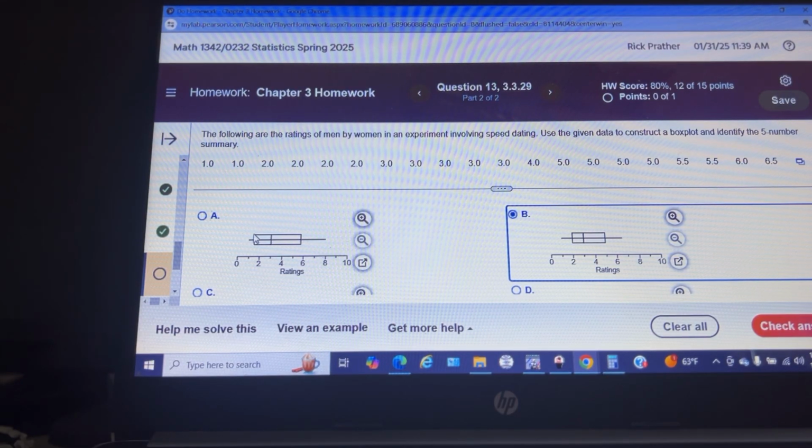Here they have the edge of the box at about 1.5. The median was 3, so you draw a vertical line in the middle of the box for the median, 3. The upper quartile was 5. See, that's the right side of the box. And then the maximum is where this line goes, which was 6.5. So graph B definitely has the correct box plot.